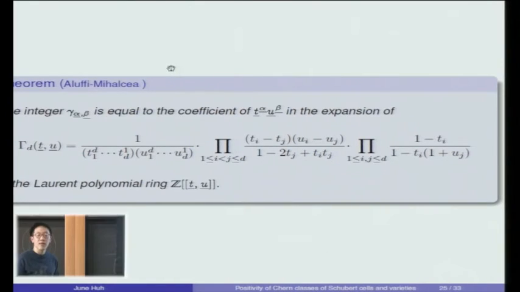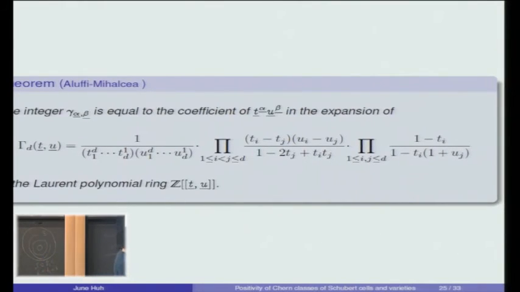Here is one promised expression that determines all these numbers, gamma, alpha, beta, in one formula. So we have a whole array of these numbers, gamma, alpha, beta. And the explicit expression for all these numbers at once, obtained by Aluffi and Mihalcea, is this.